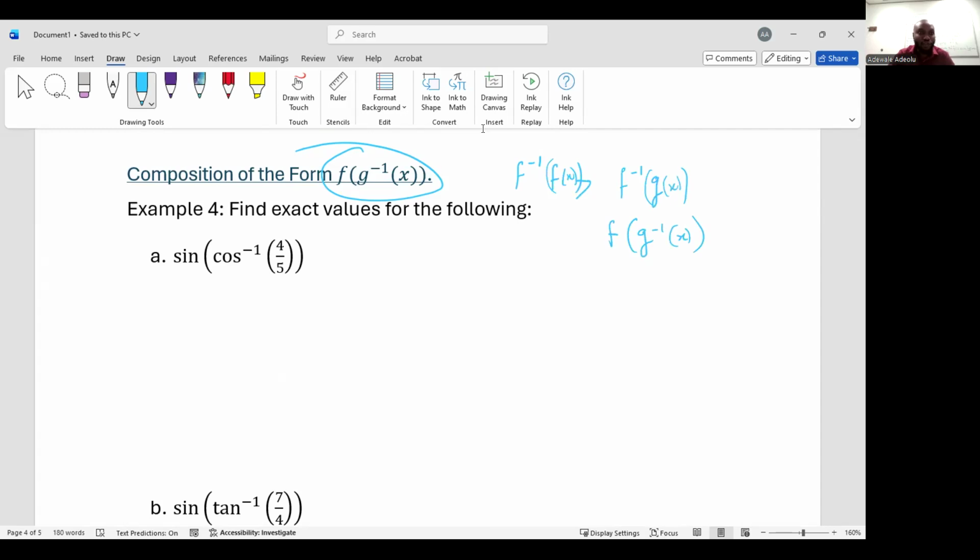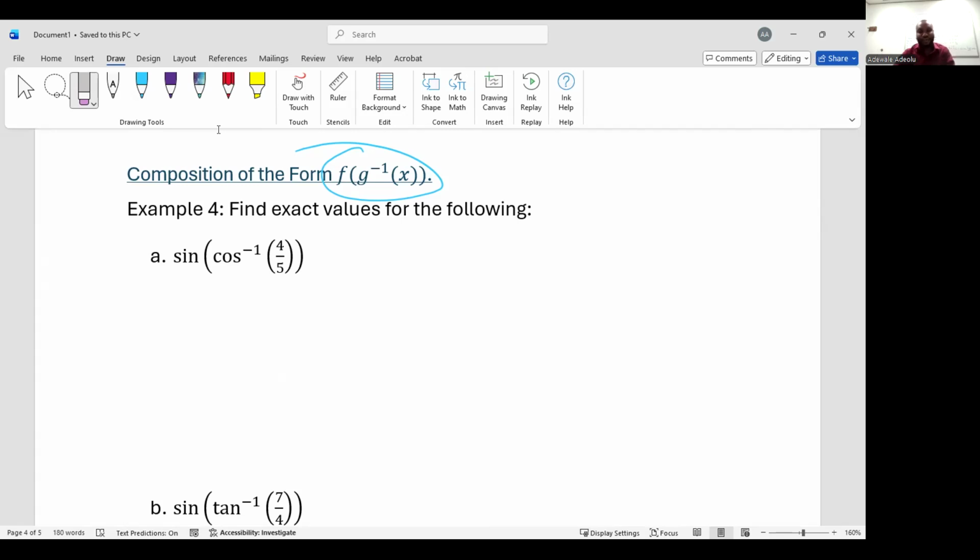And remember, when the inverse is the inside function, the inverse is going to take a ratio and give an angle as output.